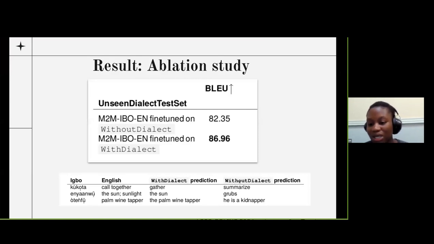But looking at the one without dialect, it gets the word wrong. And the same goes with the remaining Igbo words. So with this result, you can see that having a language model that contains dialectal variation is important when it comes to machine translation for Igbo language.